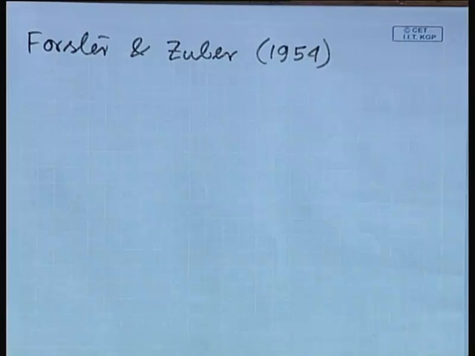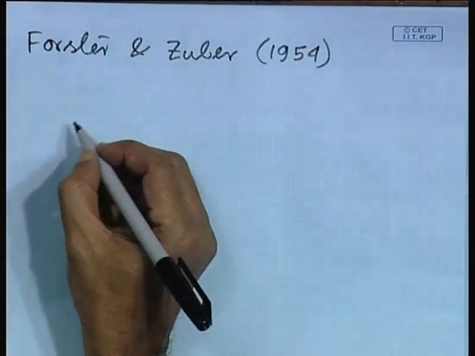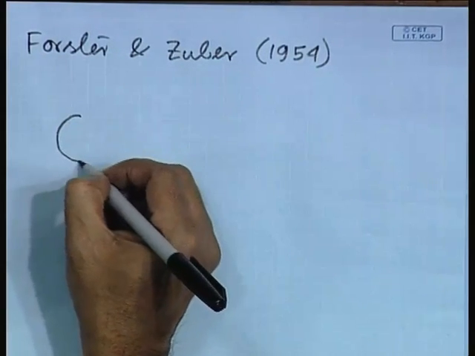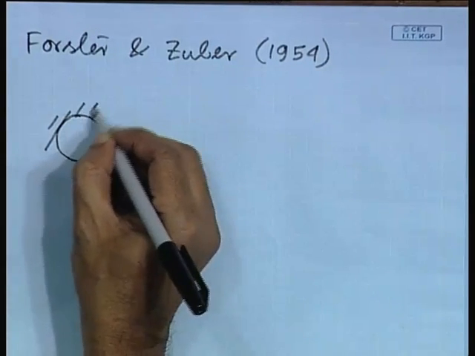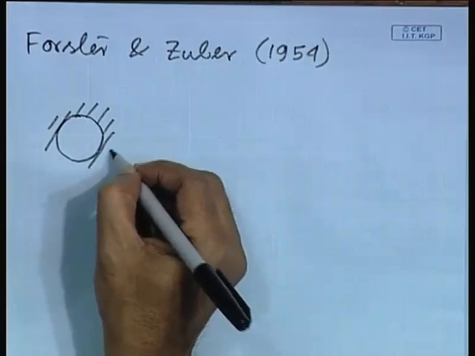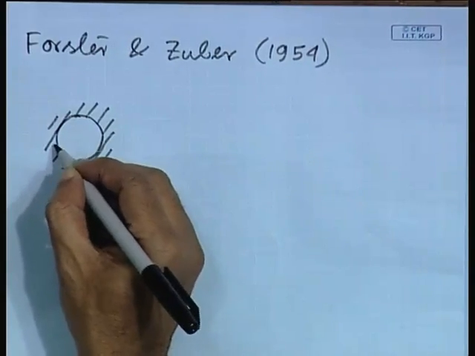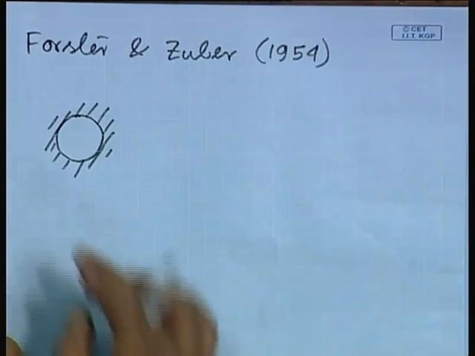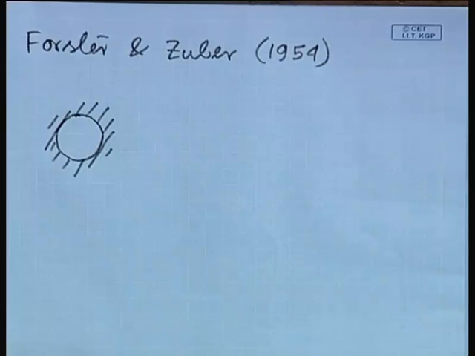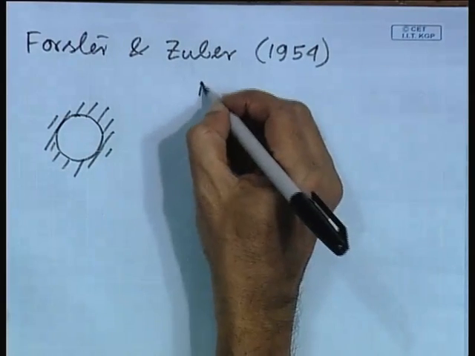Now, the Forster-Zuber correlation assumes that there is a bubble in a superheated bulk of liquid. This is a small bubble, and the motion of the bubble creates convection. So, sometimes it is called the micro convection model.